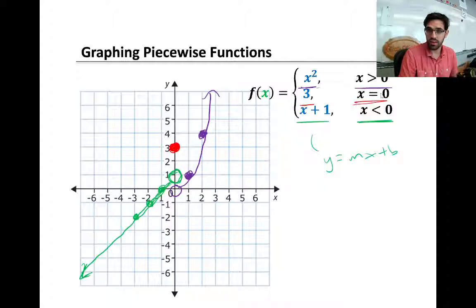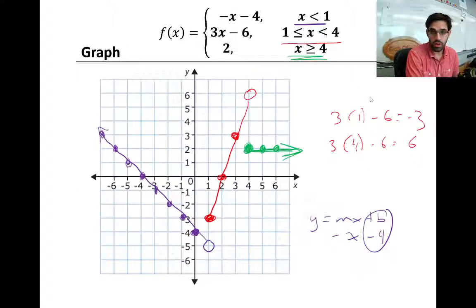So when you have x equals some number, it's going to result in a dot on the graph. However, in this case, instead of x equaling a number, it's just x is greater than or equal to 4. And any x value greater than or equal to 4, the output is going to be 2.